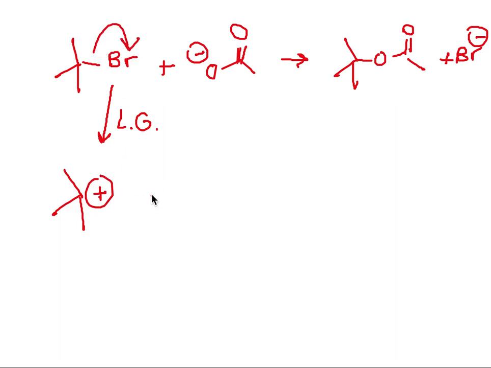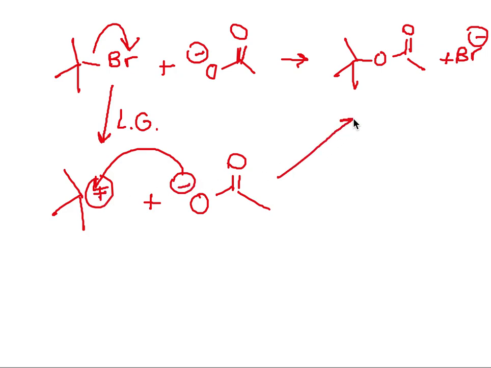And now the second step is going to involve the nucleophile attacking. And so now my nucleophile can attack, negative charge, positive charge. This is going to happen very quickly, and that will give us our products. So first step, leaving group leaving. Second step, the actual nucleophilic attack.